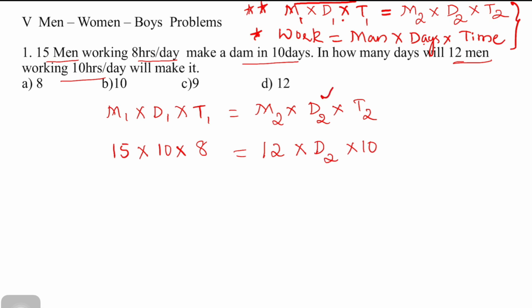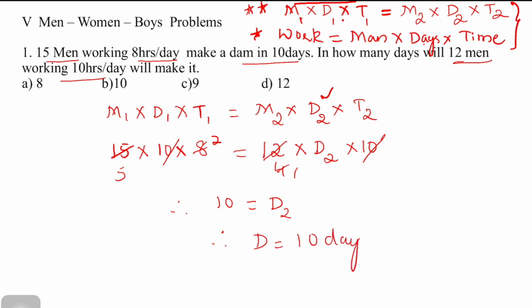So directly you can cancel here. 10 goes, then 3 4s are, 3 5s are, 4 1s are, 4 2s are. Therefore 5 into 2 is 10 and here it is D2. Therefore 12 men will take 10 days to complete the work. Option B is the answer.